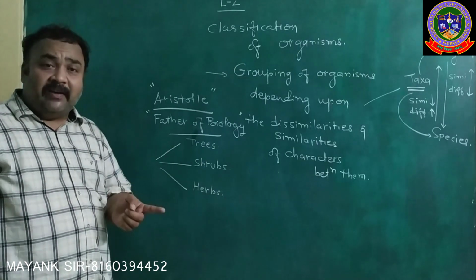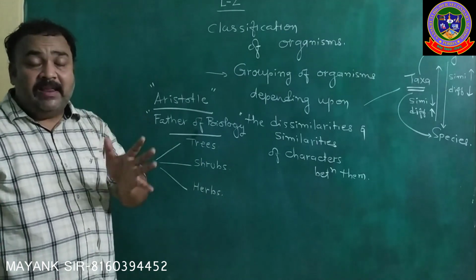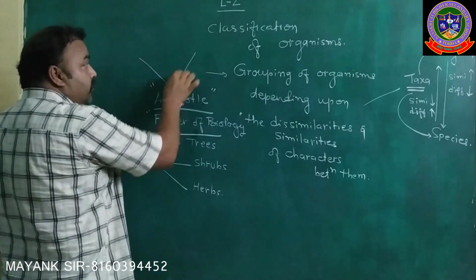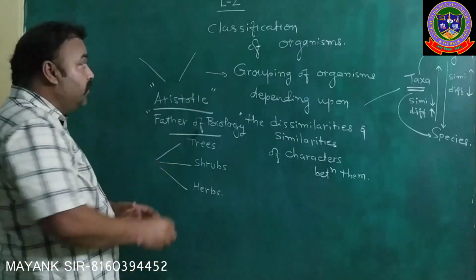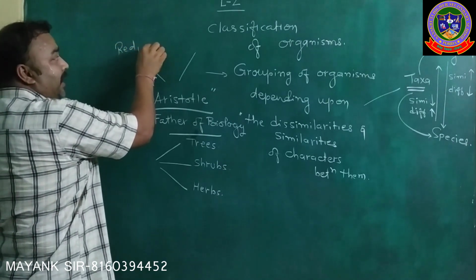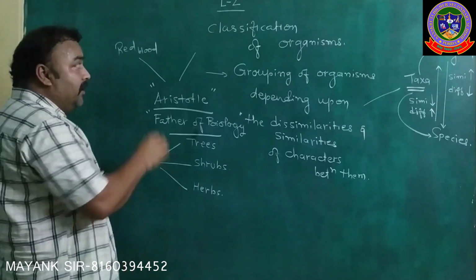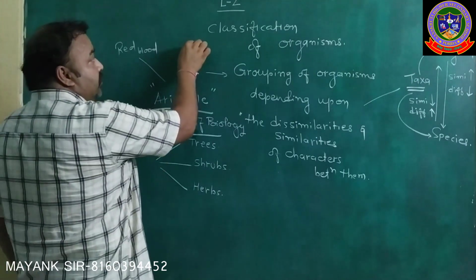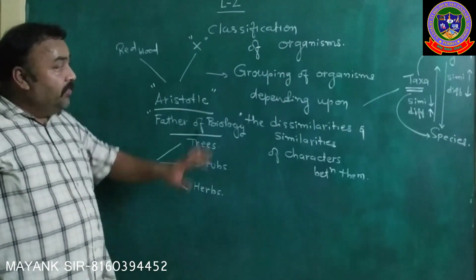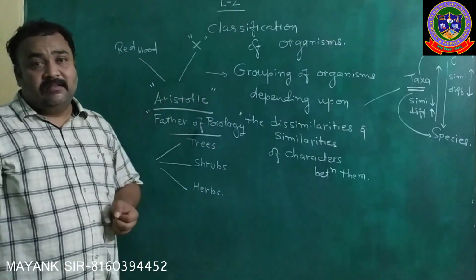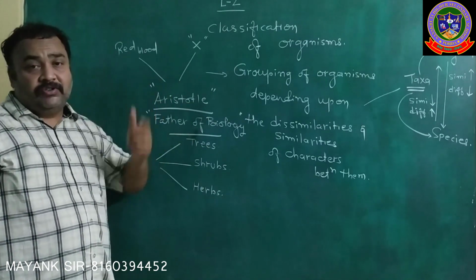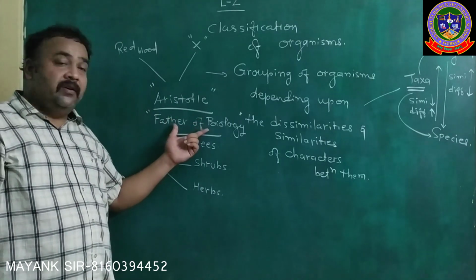He also tried to classify the animals into two groups. One group of animals having red blood in their body, and another group which do not possess red blood in their body. This was the initial system of classification which was developed by Aristotle, who was father of biology.